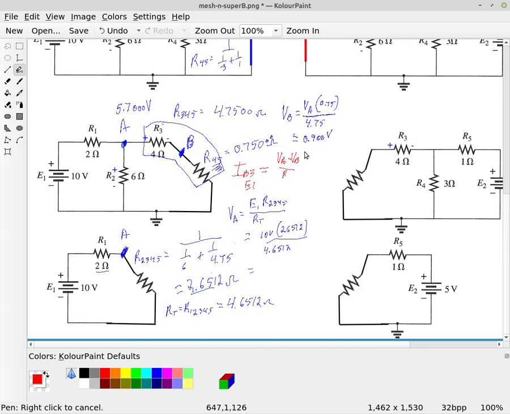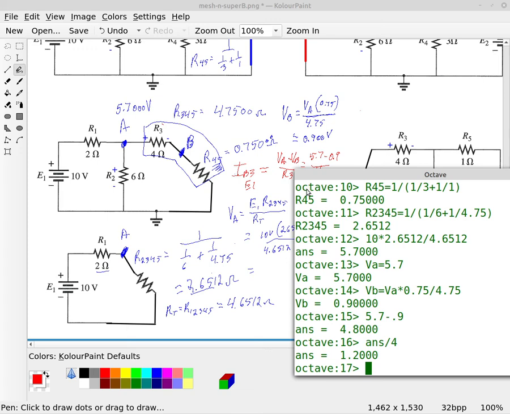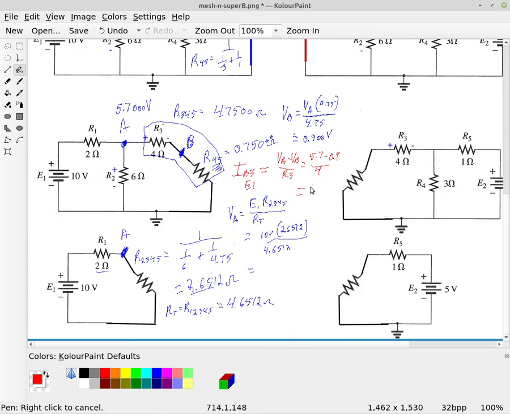So that is 5.7 minus 0.9 divided by 4, which is equal to 1.2 amperes.